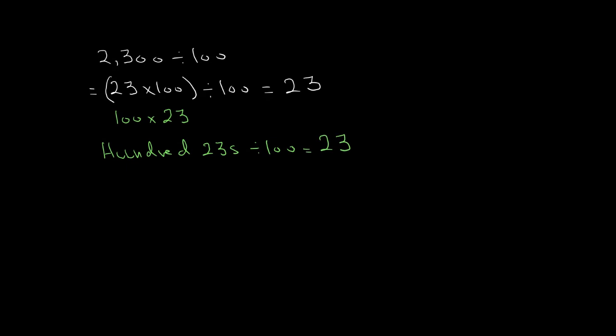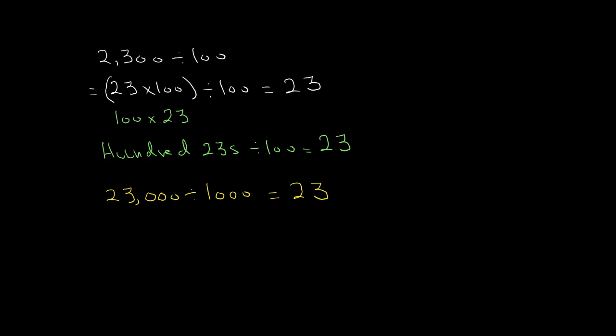And you can play the same game with thousands. If you have 23,000 and you want to divide it by 1,000, it's very easy to work out. The answer is going to be equal to 23.